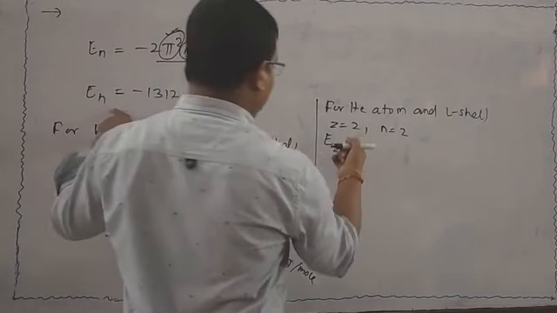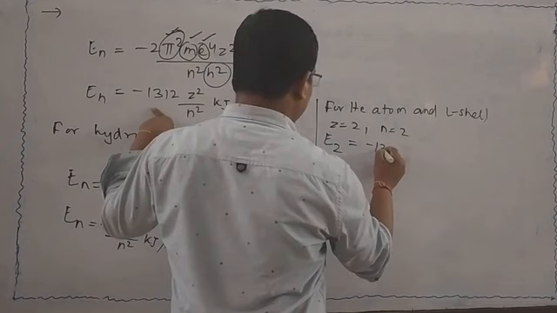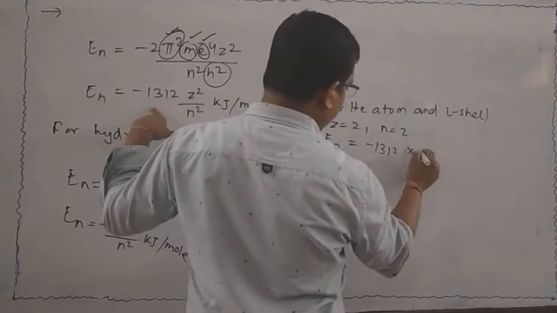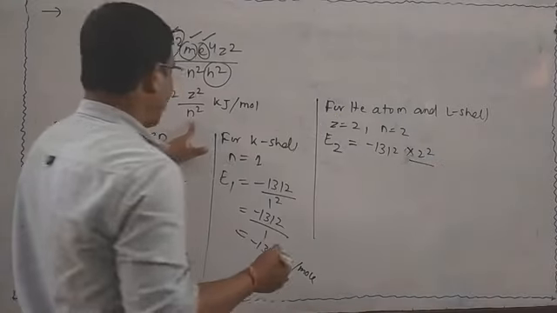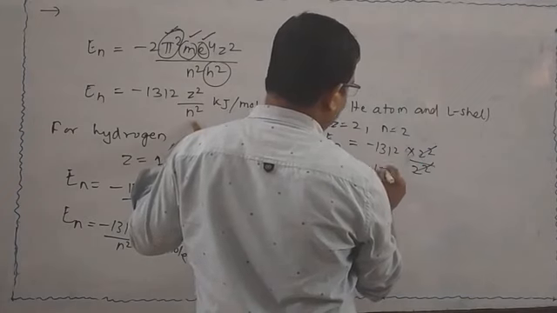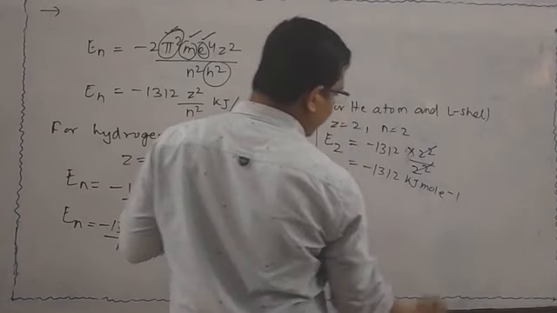So for helium, E2 is equal to minus 1312 into Z², that is 2², divided by n², that is 2². Cancel this, and you find minus 1312 kilojoule per mole.